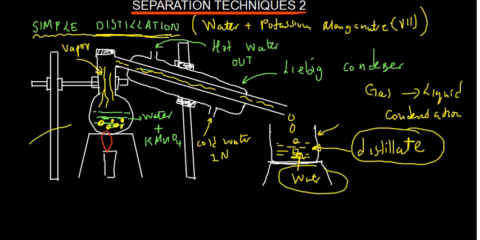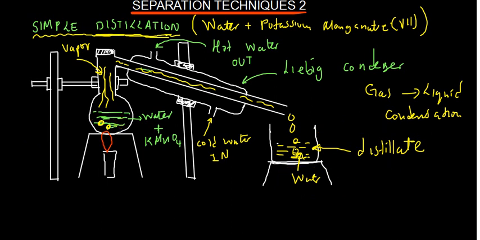But in here, the liquid is not colorless, because when you mix water with potassium manganate, you are going to have the color of the potassium manganate, which is something like dark blue. Okay, so that is what you're going to have. But at the end, you're just going to have water alone. Is this okay? Yes, it's okay.